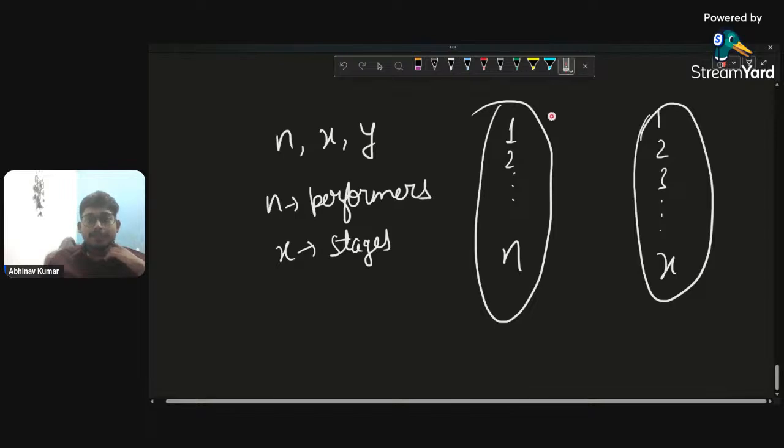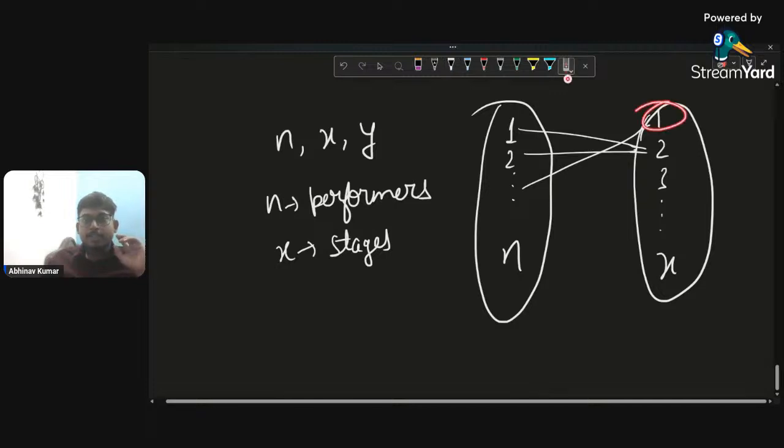Now every performer in this, there are n different performers, so every performer would be assigned some stage. Let's say performer number 1 is assigned stage number 2, performer number 2 is assigned stage number 1, performer number 3 is also assigned stage number 2. So every performer is assigned some stage. Now what would happen?